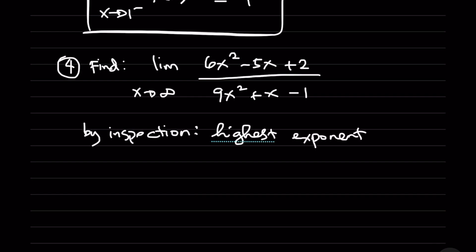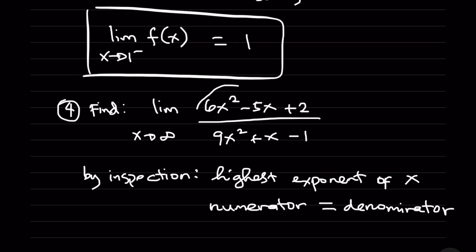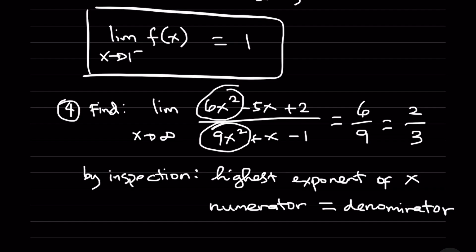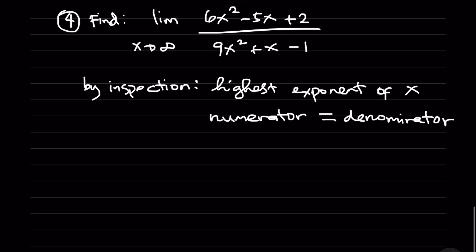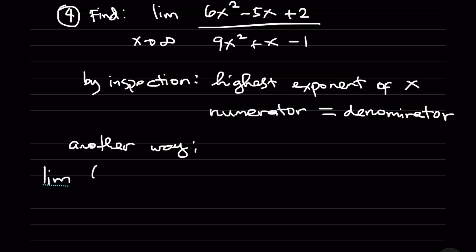By inspection, we take note that the highest exponent of x for both the numerator and the denominator is equal to 2. So they have the same highest exponent of x. So you simply have to consider the numerical coefficients of x squared, 6 over 9, that is equal to 2 over 3. So you know immediately that the answer is 2 over 3.